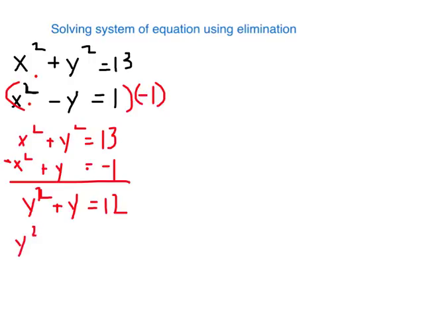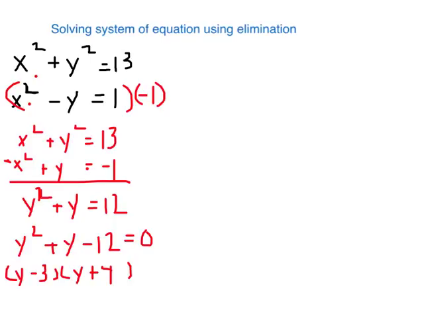Let's go and subtract the 12 over, and we have a quadratic equation that we can factor. Y minus 3 and y plus 4.